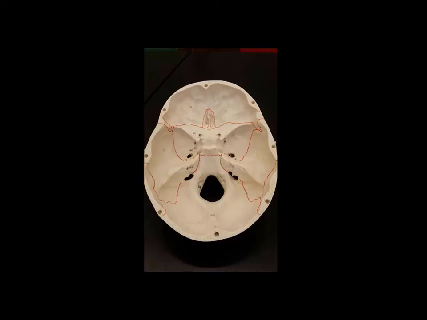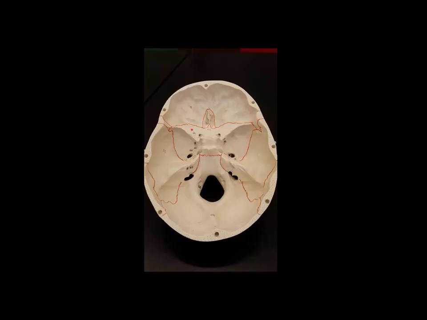Now just beneath that, this area right here kind of looks like a butterfly. This is the sphenoid bone. And there's two different parts. It's a little hard to tell from this picture right here. This part right in this area is raised, and this part right here in this area is much lower.